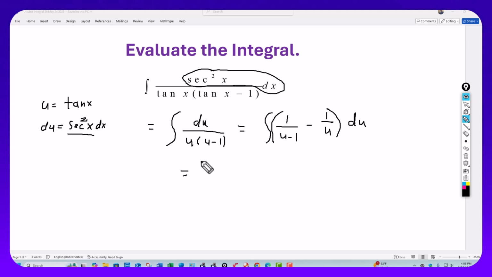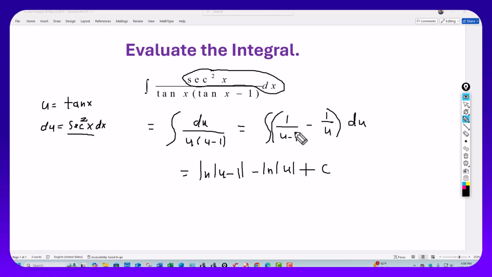For the first one, this will just be ln of the absolute value of u minus 1, and minus, again, natural log of the absolute value of u, plus the constant of integration. If this had been the other way around, a 1 minus u, then the derivative of that would be a negative 1, so you would have to make up for that by putting a negative here.